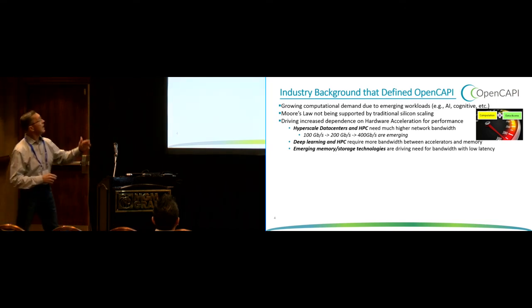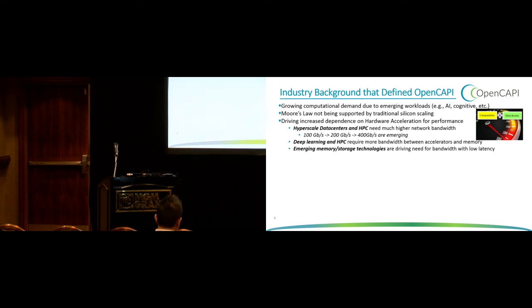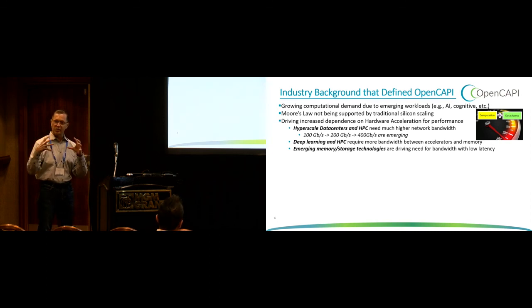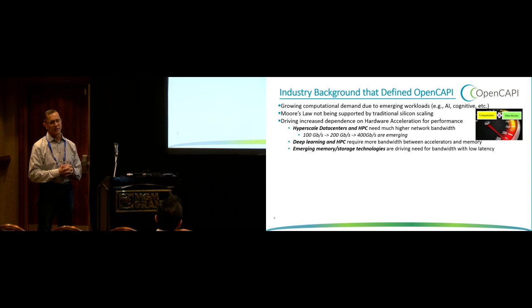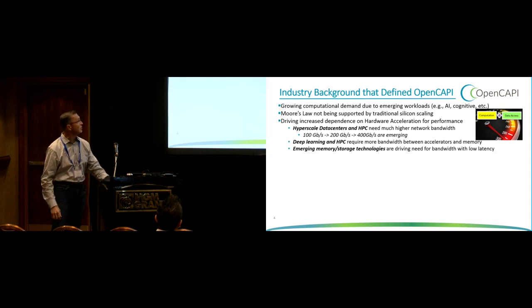The hyperscale guys and the data centers and the high performance guys need higher network bandwidth. You've got deep learning and HPC going on with the higher bandwidth needed for accelerators and memory. And as I mentioned, this emerging memory technology is starved for bandwidth and low latency, especially if you have huge gobs of memory, storage class memory, right next to a processor. It's going to want this latency low, and that's critical.